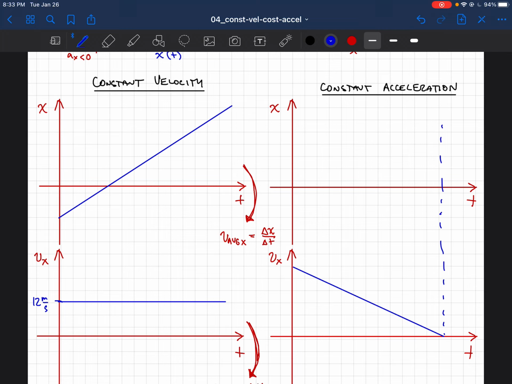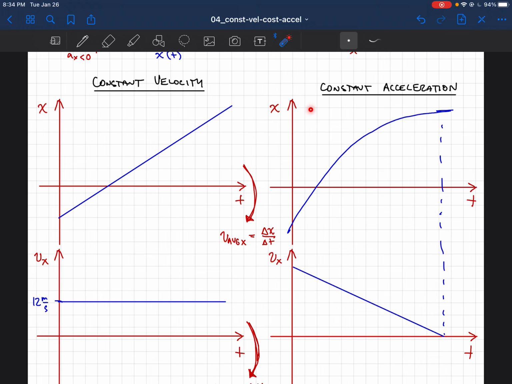So let's draw that first. So we know the slope has to be 0 there. Then we can draw a graph that has some positive slope at the beginning, some smaller positive slope later, smaller slope until it gets to 0. So this could be the graph of a car which is heading towards the stoplight at this position here.